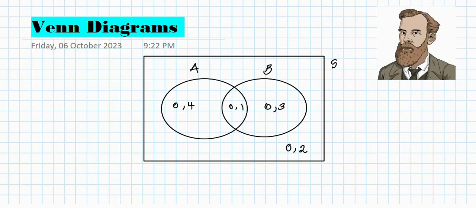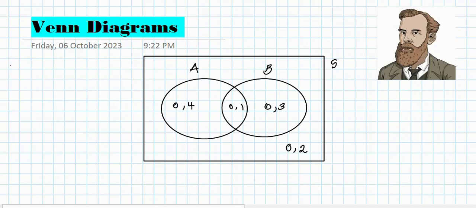Okay, so here's a simple Venn diagram. There are some things I wanted you to be aware of. I'm assuming that by now you already know the basics, so I just want to brush over some things. On this Venn diagram, there are several things that I might ask you.